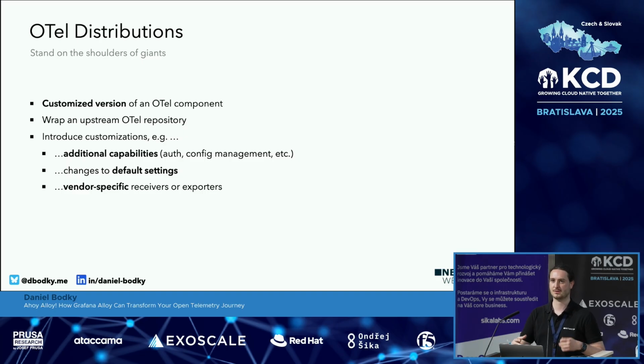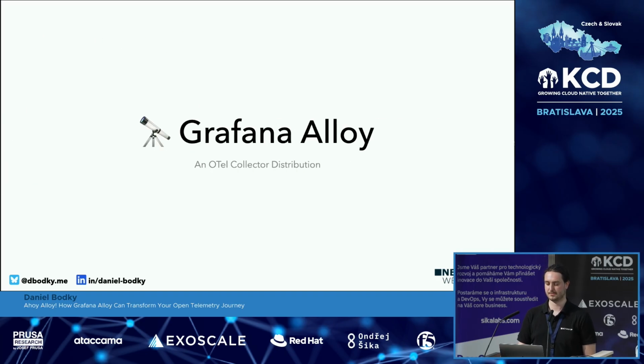So you want to do this from the start, bootstrap it with it. Or you want to add vendor-specific receivers or exporters, deal with a specific kind of metric format differently than the OTel collector would do. So all these would be good reasons to think about your own OTel distribution.